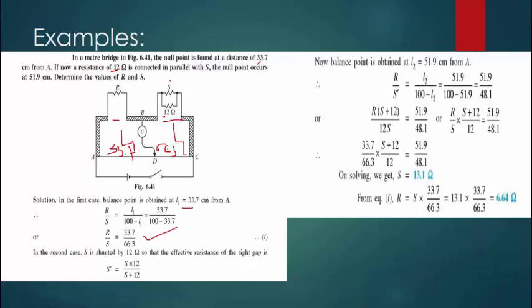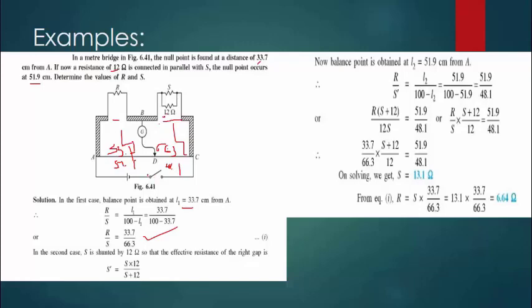So if 12 ohms is connected in parallel with S, the null point occurs at 51.9 cm. This time, 51.9. It means 100 minus 51.9 inakuwa 48.1.